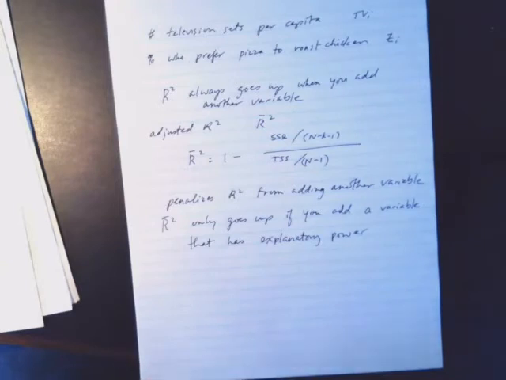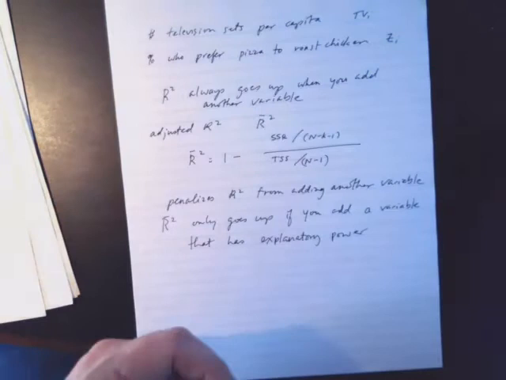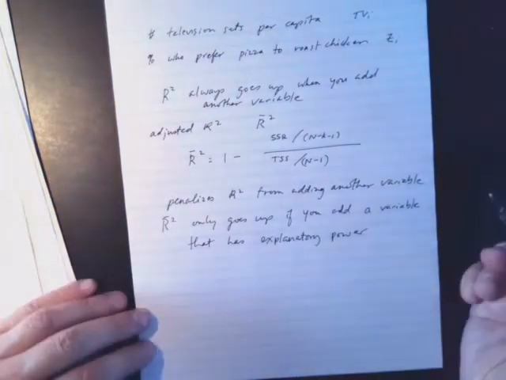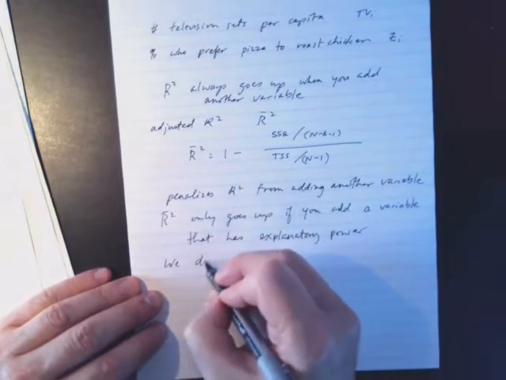Let me see if it was on the printout that I had here. Oh yeah, so there it is. Adjusted r squared. So it's still printed out in a regression model, but nobody uses it for model selection.